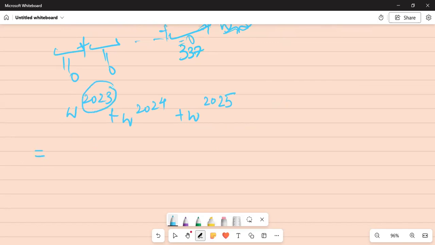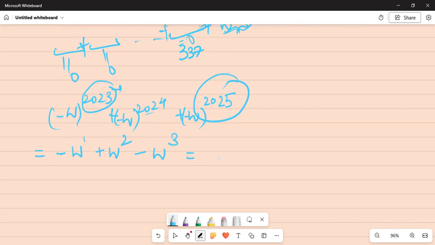So this gives the remainder 1. Actually, this was minus omega raised to some power. Some power is given. So of course you'll be getting a minus sign, and this gives 1 as a remainder. This is minus omega, and this gives 2 as a remainder, and this is the multiple of 3. So this is omega raised to this power, and this is minus 1.